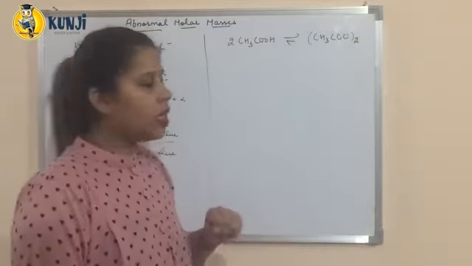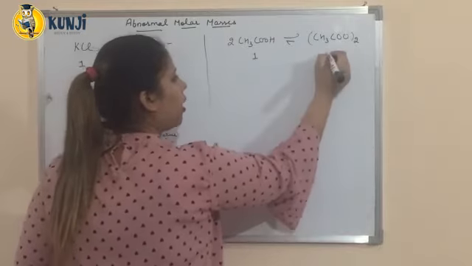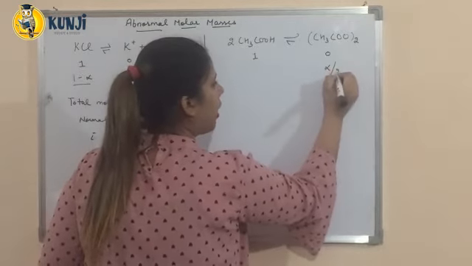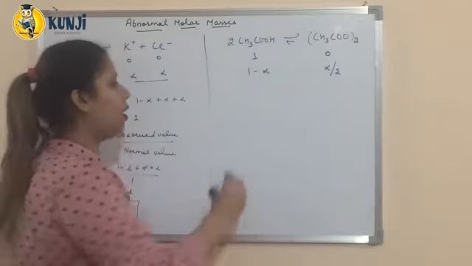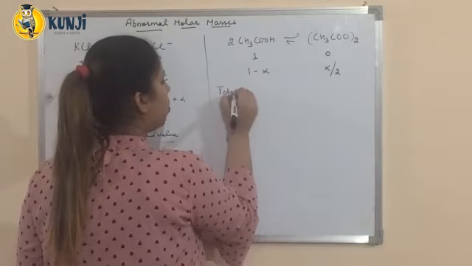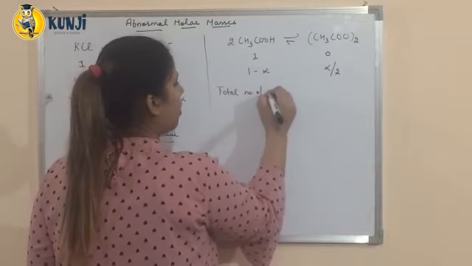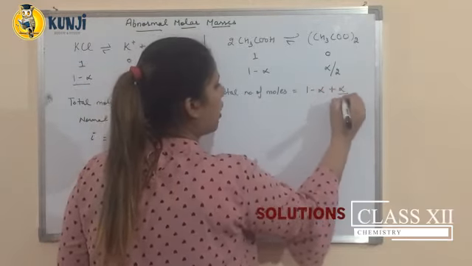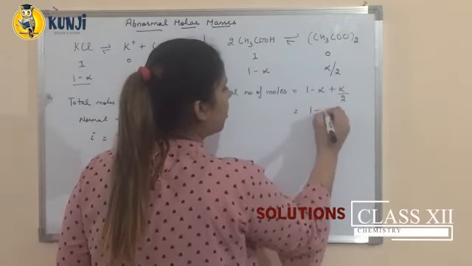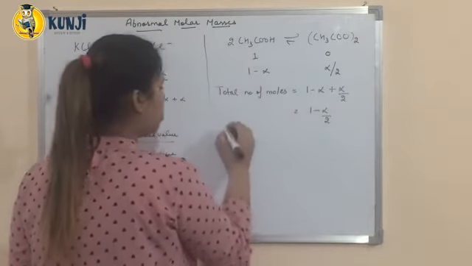Now for association, we take 1 mole at the start. Alpha by 2 has been formed, so it is left with 1 minus alpha. So the total number of moles comes out to be 1 minus alpha plus alpha by 2, which can further be written as 1 minus alpha by 2.